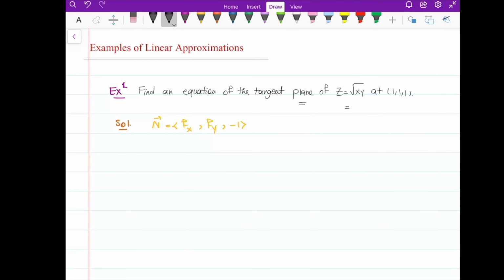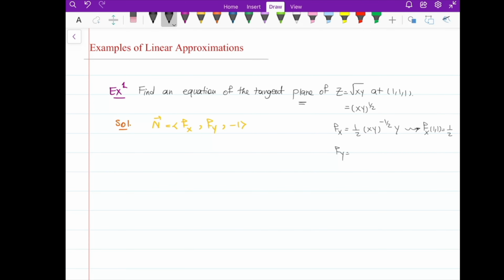I'm gonna write this as (xy) to the power of 1/2. So fx would be 1/2 (xy) to the power of -1/2, and the derivative of the inside function, xy with respect to x, is just y. Okay, and so I'm gonna plug in (1, 1), and I get 1/2.